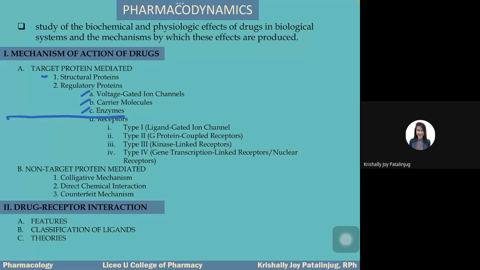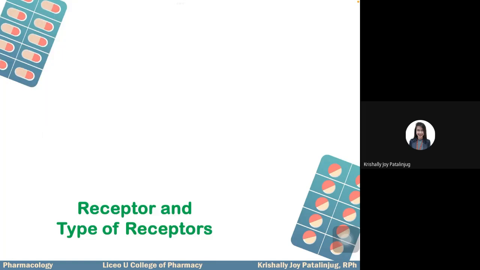So, for the interest of time, I will just finish the discussion until this slide. Okay, so all about receptors, we'll discuss that next meeting. Okay? So, para na ay continuity, dili putol ang discussion about receptors. Okay? Do you have any question?